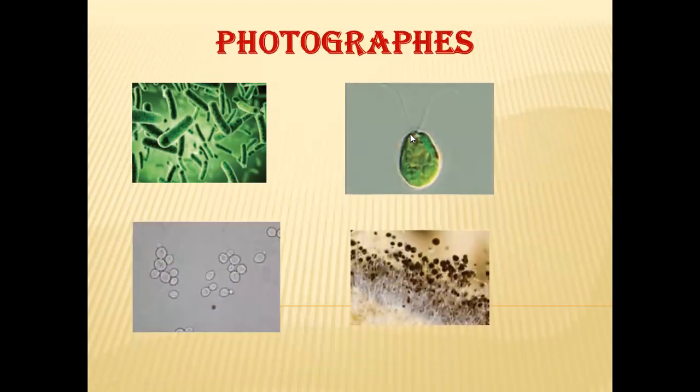Photos. Here some photos are shown. These are about microorganisms. In grade 8 science subject, the first unit is importance of microorganisms. Under that, the first one is about microorganisms. This is for the first period, and the second period is normally the effects of microorganisms.